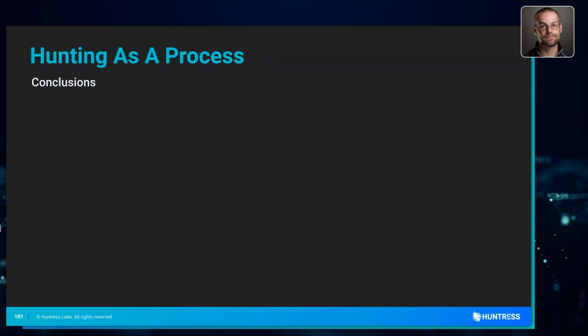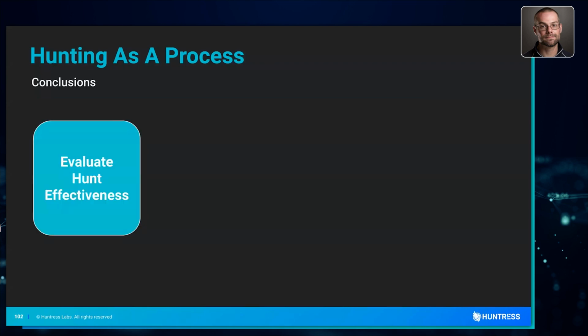Thus, we need to look at hunting as a process, one that requires us to evaluate the effectiveness of a given hunt. Was it successful? Was it not successful? Did it yield results? Or if it did not yield results, could it yield results if we actually caught the behaviors that we were looking for as part of that hunting activity?